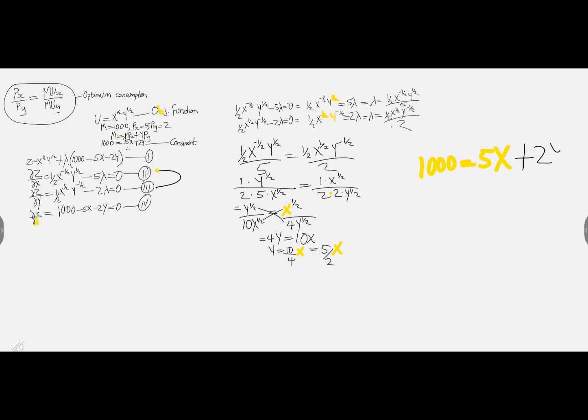So instead of writing y here, you can just put 5 over 2 x. So we have 1000 equal to 5x plus 2 into brackets 5 over 2 x.